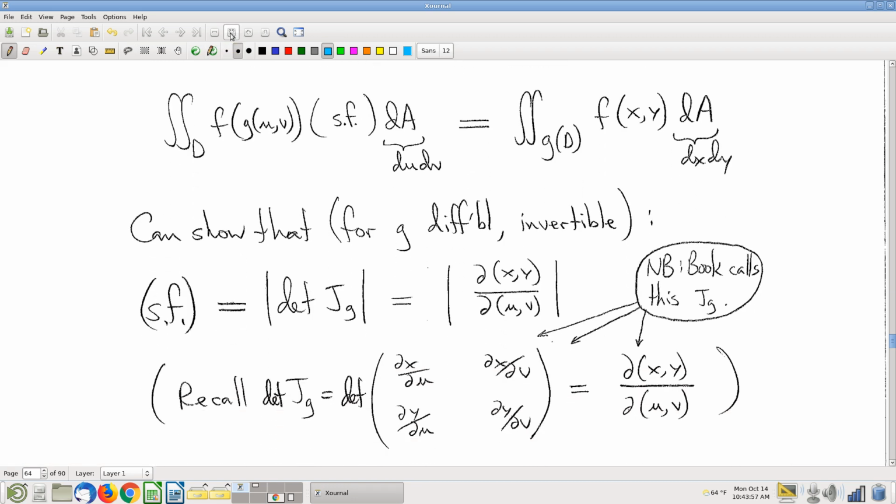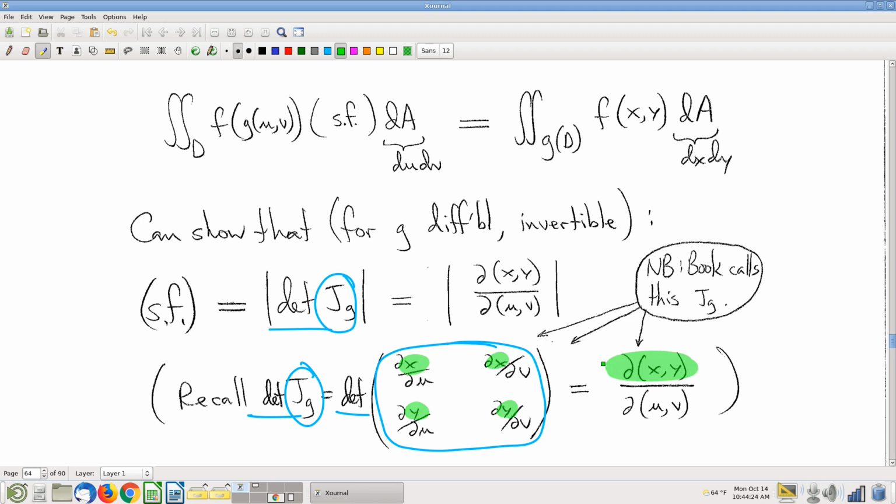If you remind yourself, what is this Jacobian matrix? Well, there's the Jacobian matrix. The determinant, then, of the Jacobian matrix, that's that formula, no big deal. And notice, what we have is a bunch of partial derivatives of x and y, a bunch of partials of x's and y's in different places.